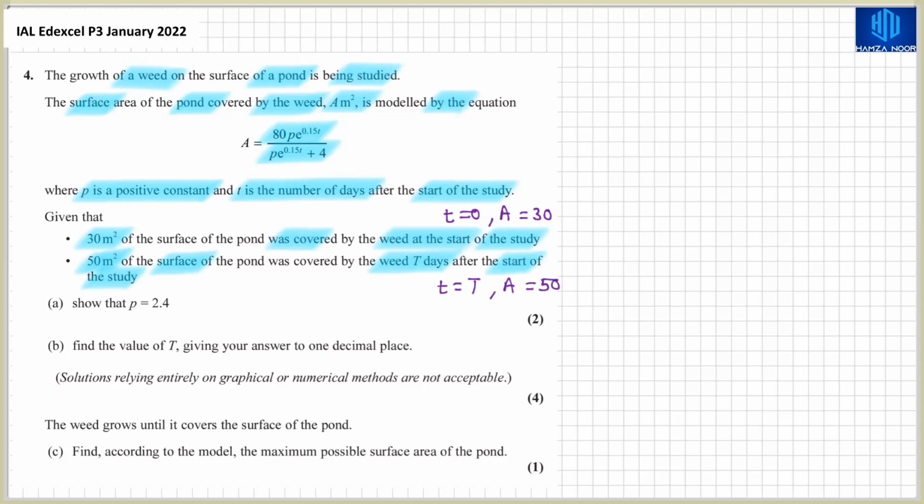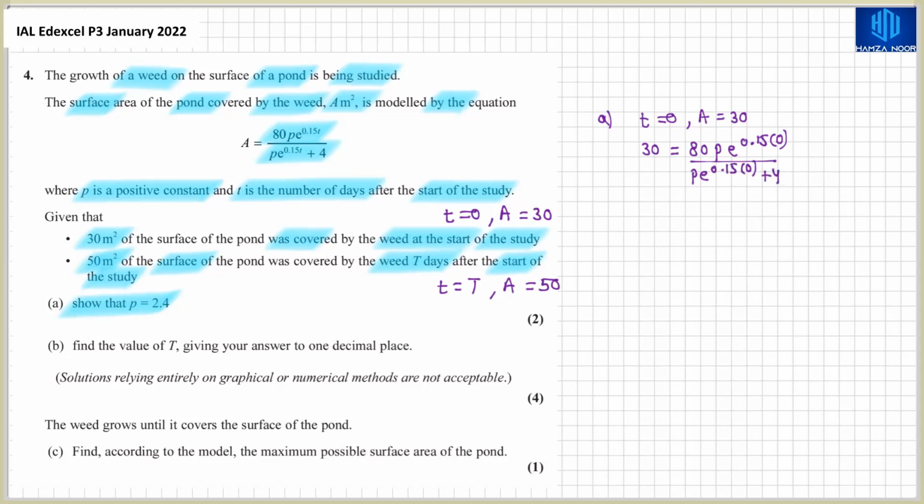The requirement of part A is to show that p = 2.4. As we know, when time is 0, area is 30 meters square, so we just need to plug in these values into the equation. Therefore 30 = 80 times p times e^(0.15 times 0), divided by p times e^(0.15 times 0) plus 4.